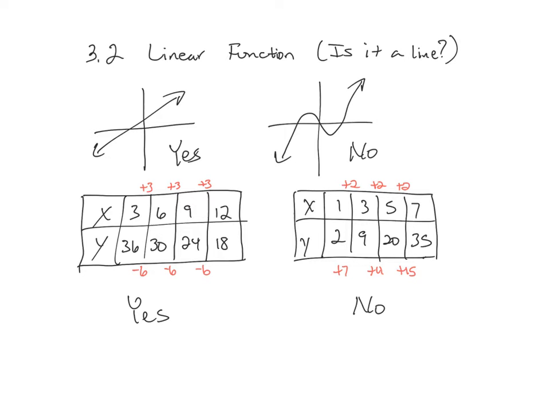Okay, so when you see the chart, look for the pattern in the numbers. All right, then the next thing, it's going to give you some equations and wants to know is it a line. It's almost easier to look for what's not a line than it is for what is a line.